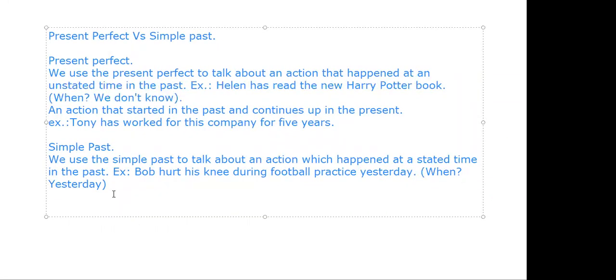Next one. And last. An action that started and finished in the past. What we call a completed action.